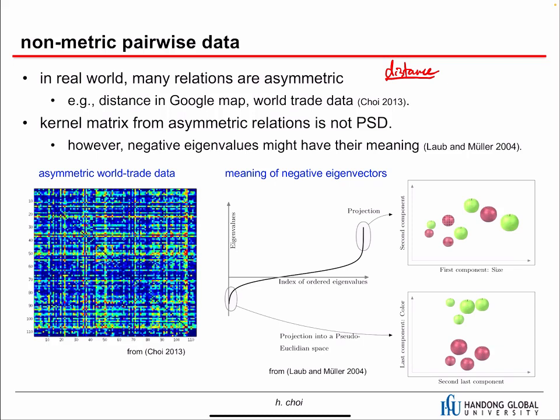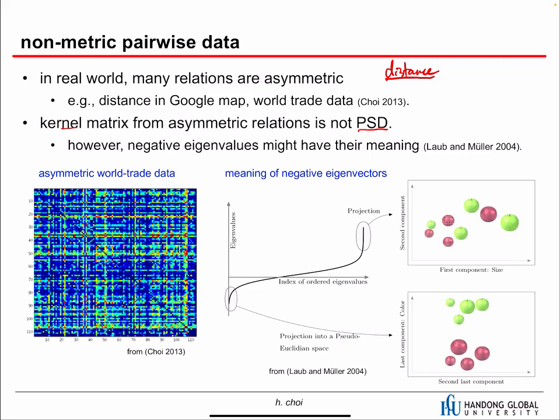But if the kernel matrix or inner product matrix is not positive semi-definite, then the distance is not a distance. In the real world, we have this kind of case a lot, as I said. And again, if the kernel matrix is not positive semi-definite, the distance is not a distance, and it means it is broken mathematically, in theory.